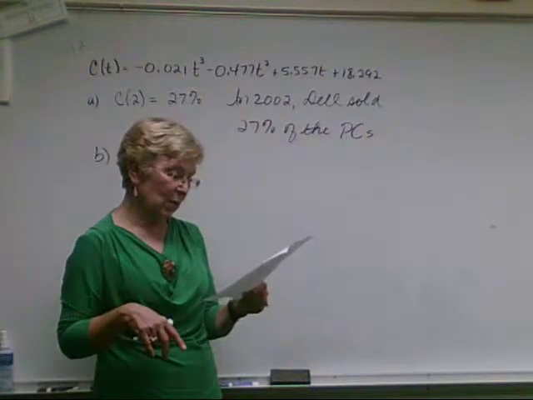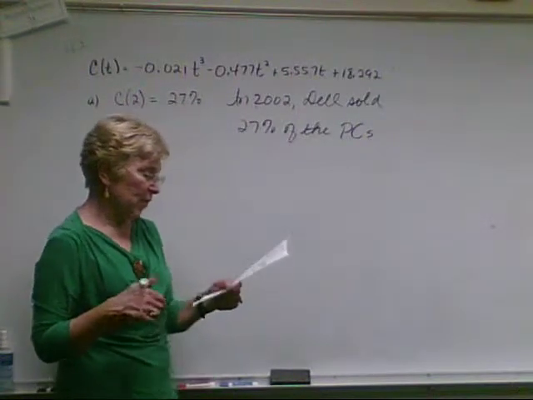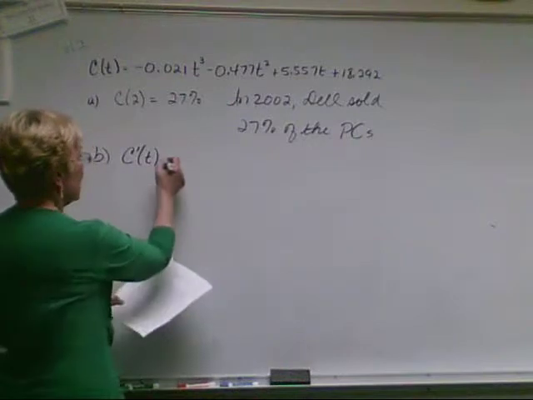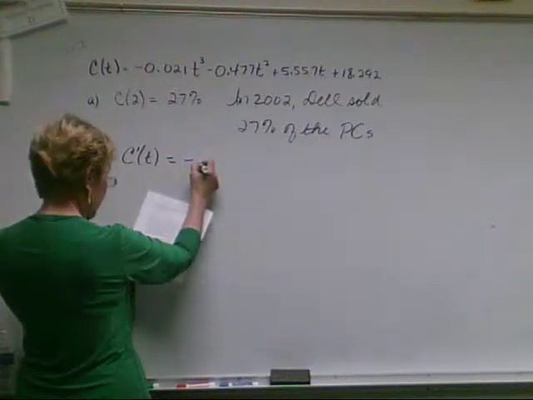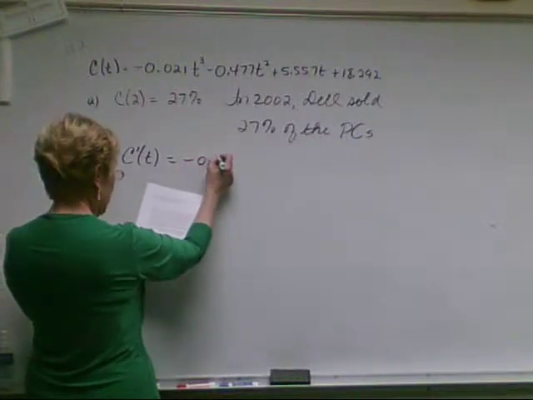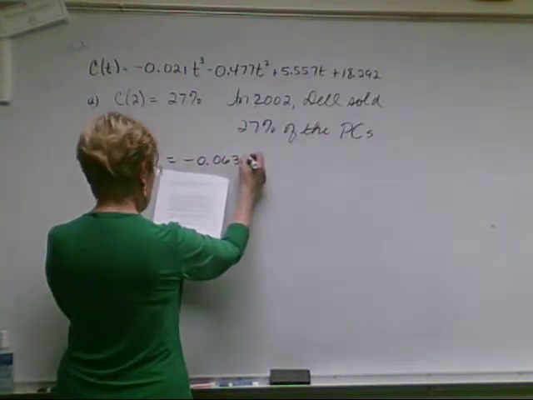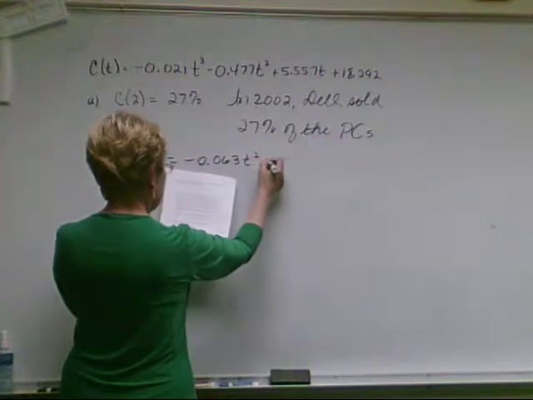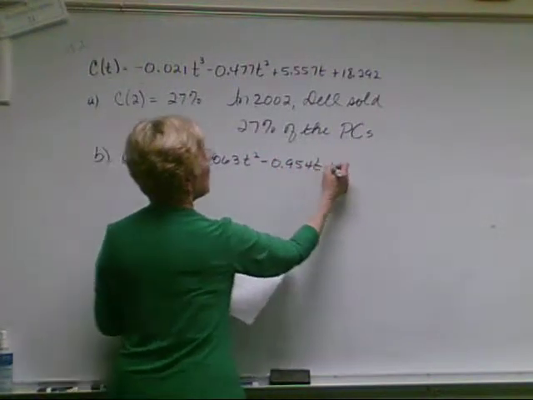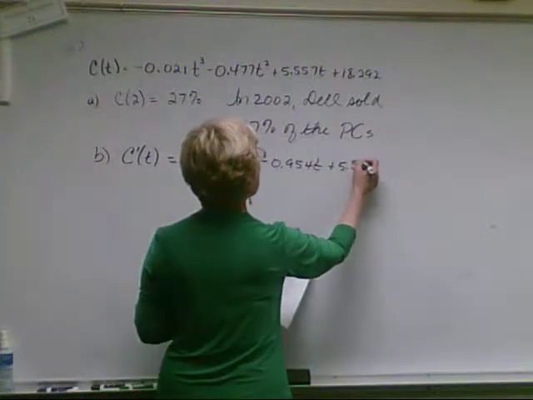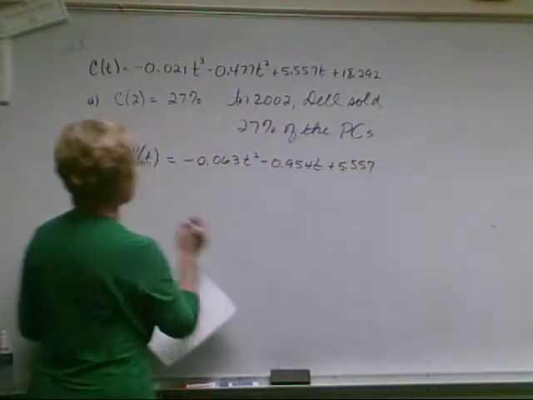We're going to just stick with the old data. So for my derivative, I got, by using the power rule, negative 0.063 t squared minus 0.954 t plus 5.557.